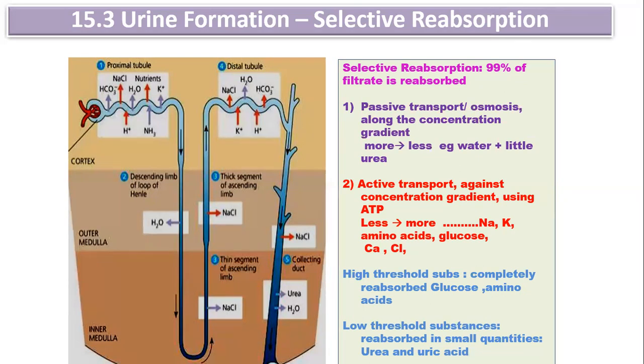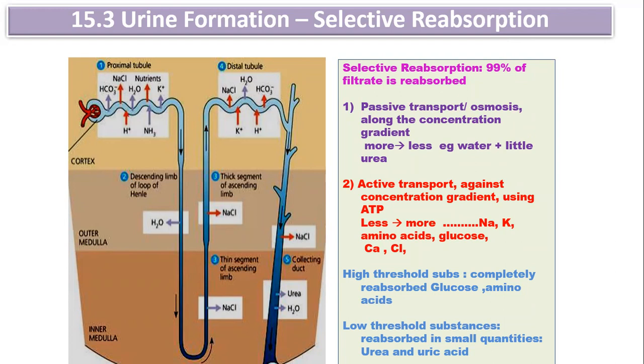Then there are the no threshold substances, which are not absorbed at all. An example is creatinine, which is considered a non-threshold substance that cannot be absorbed back.